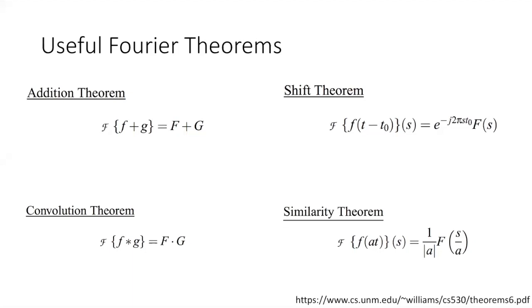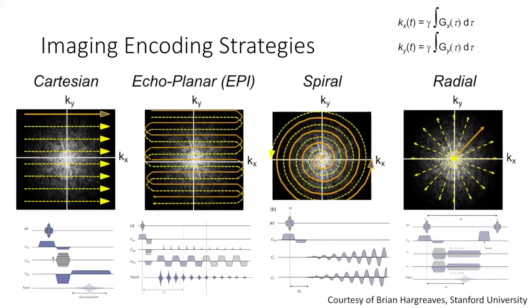Also, the convolution theorem: the Fourier transform of convolving two functions is just a multiplication of the Fourier transforms of each function. And so these theorems are just good to keep in mind because they'll help explain some of the artifacts that we will talk about in a few slides.